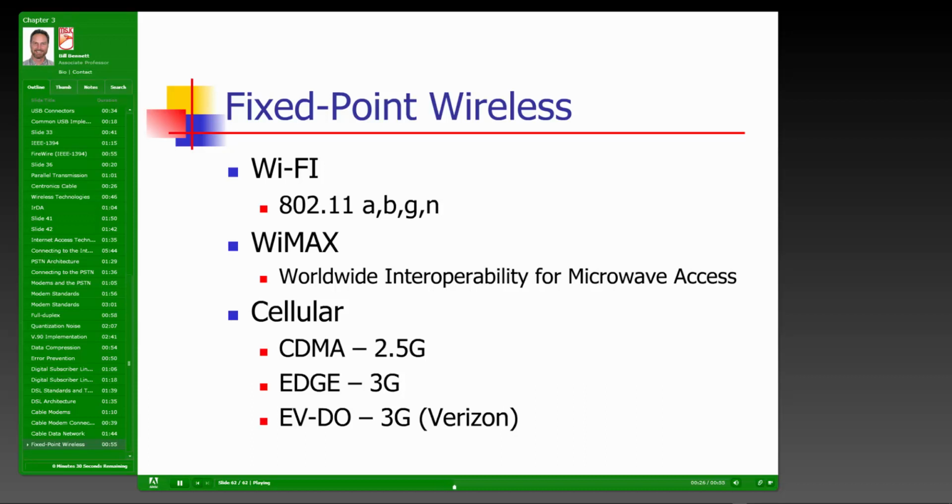And for cellular, of course, you'd have to have your cellular towers. We're going to get into these in greater detail in later chapters. So just identifying support for all the different 802.11 specifications and speeds. And the same thing with cellular down below here, the different versions of cellular networks, 2.5G, 3G, and of course they're up to 4G now.